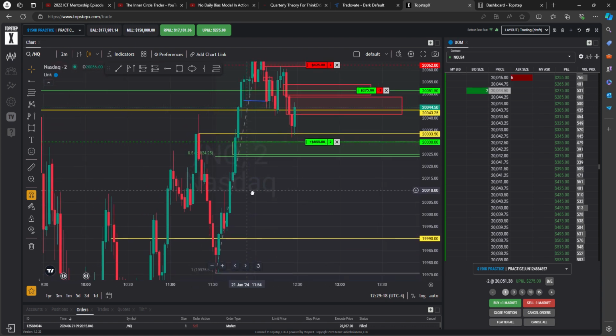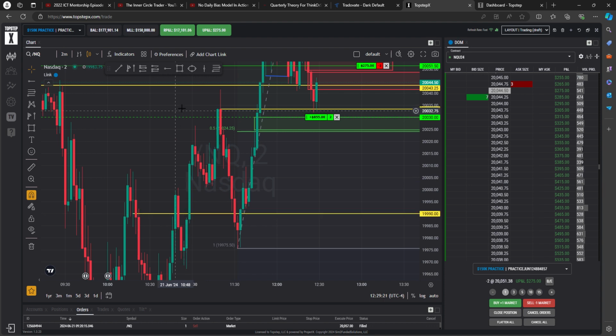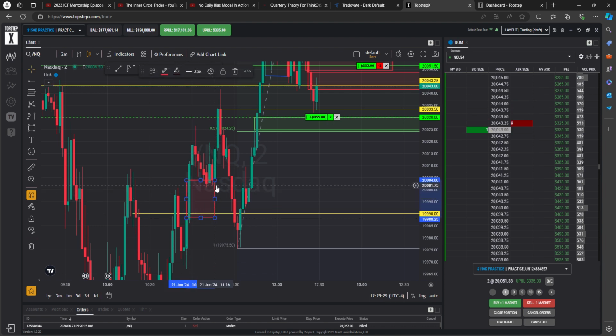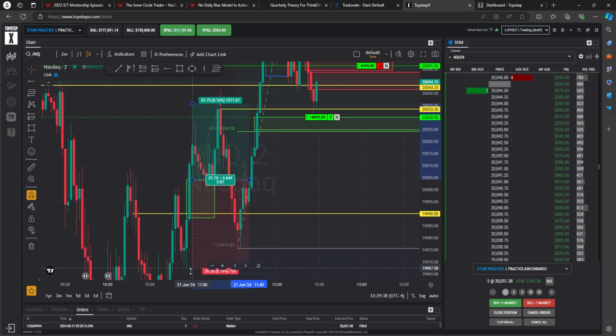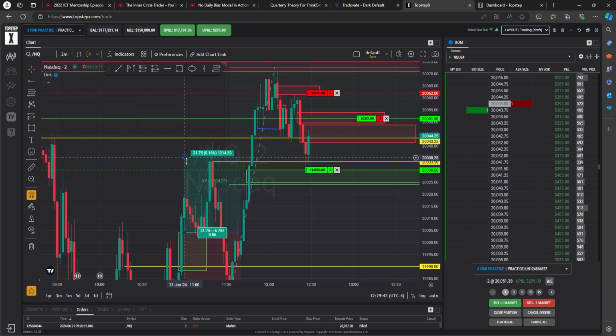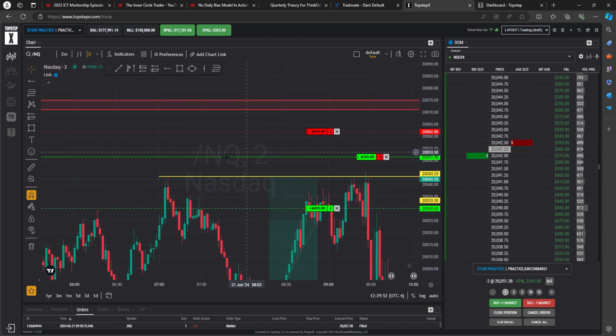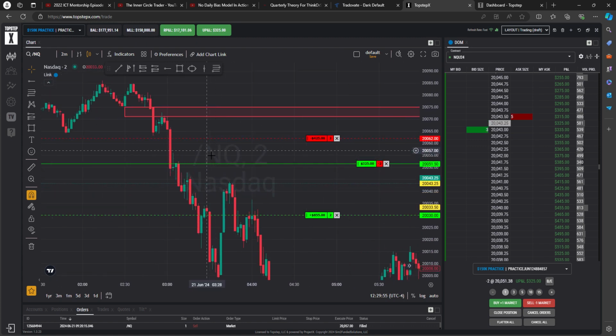And then we took a long earlier as well. Was it here? Yeah, we took a long here. Stop was below this, and we were targeting the 62s, which was filling the 15-minute bearish fair value gap.